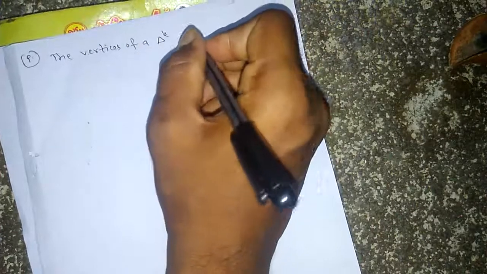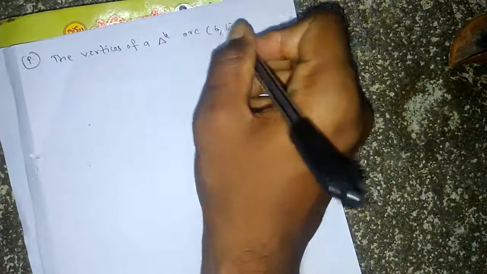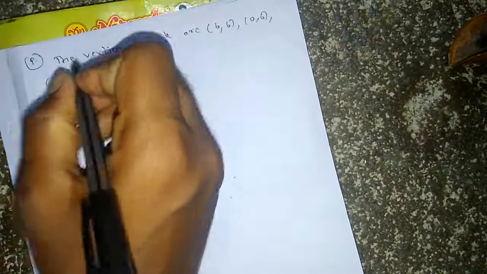Our next problem is, the vertices of a triangle are (6, 6), (0, 6), (6, 0).